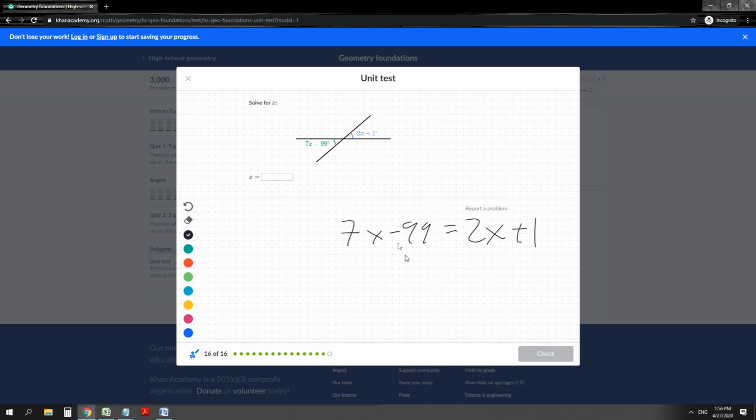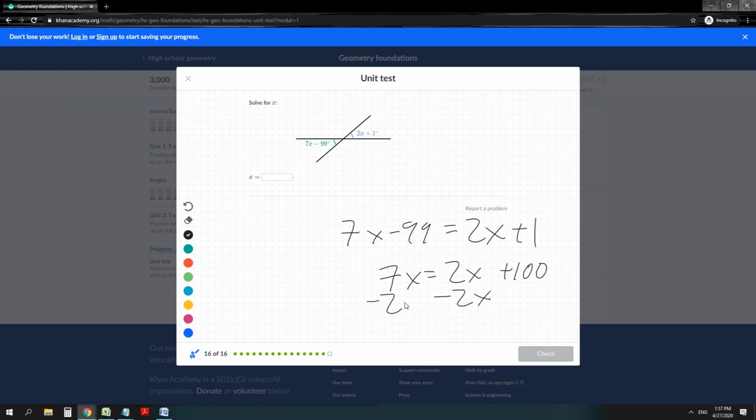Add the 99 to both sides, and we have 7x equals 2x plus 100. Get rid of this 2x here, get rid of it over here. And we're left with 5x equals 100. Shouldn't be too much of a stretch for us to see x equals 20. And so we're going to double check.